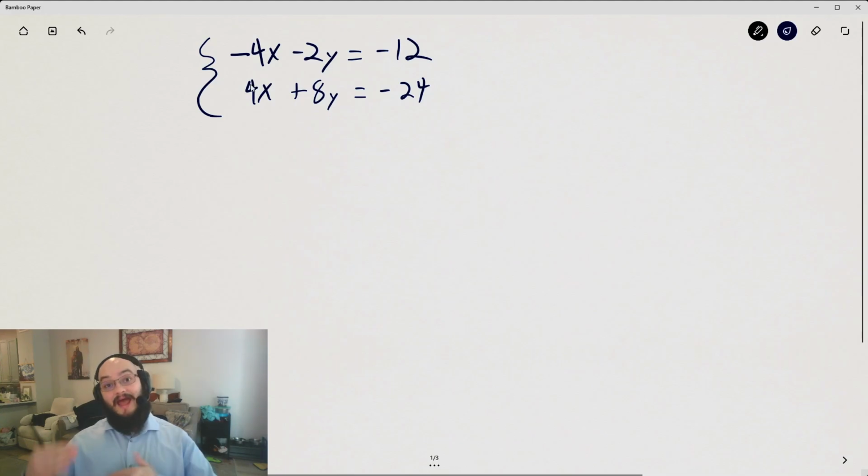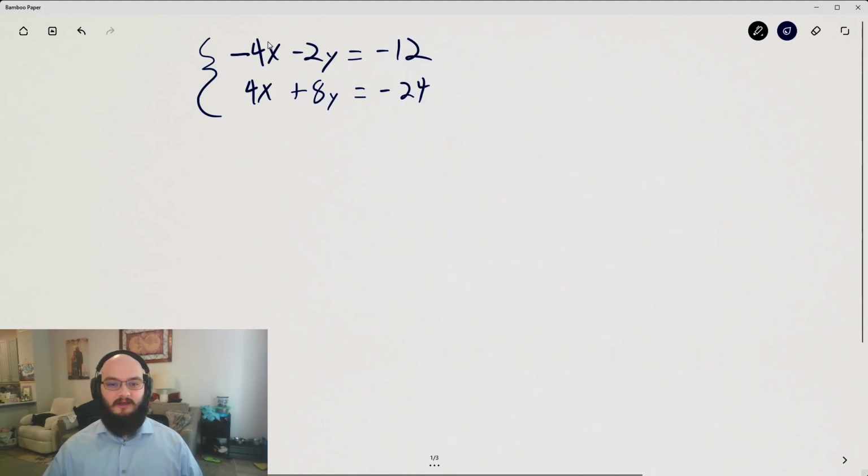Remember how I said we're going to add the equations together? This one is set up very nicely. When we add them together, we have a -4x and a positive 4x that will cancel out. Because if you add a -4 of something and a positive 4 of something, you get 0 of those things. So this will wind up being 0x, which we can just disregard.